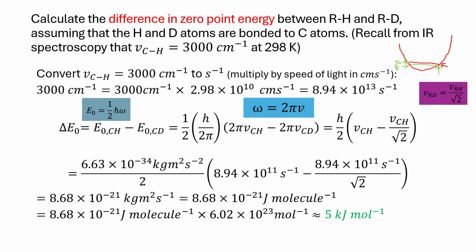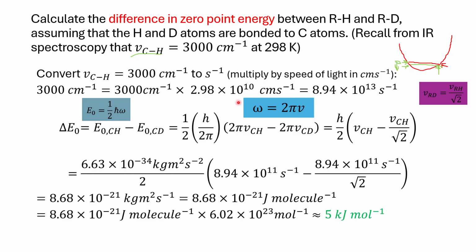We are also given the value of the vibrational frequency for CH in units of wave number. This is one of the peaks shown in the IR spectrum at the position of 3000 wave number. We can convert the vibrational wave number into the vibrational frequency by multiplying this number by the speed of light. So 3000 wave number multiplied by 2.98 times 10 to the power of 10 centimeter per second.